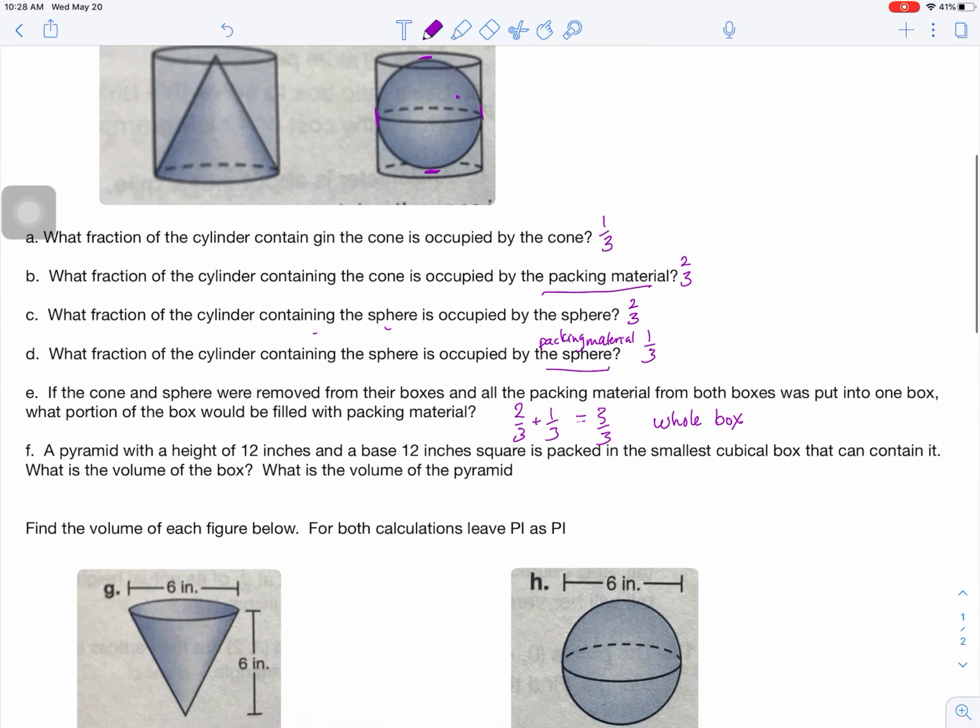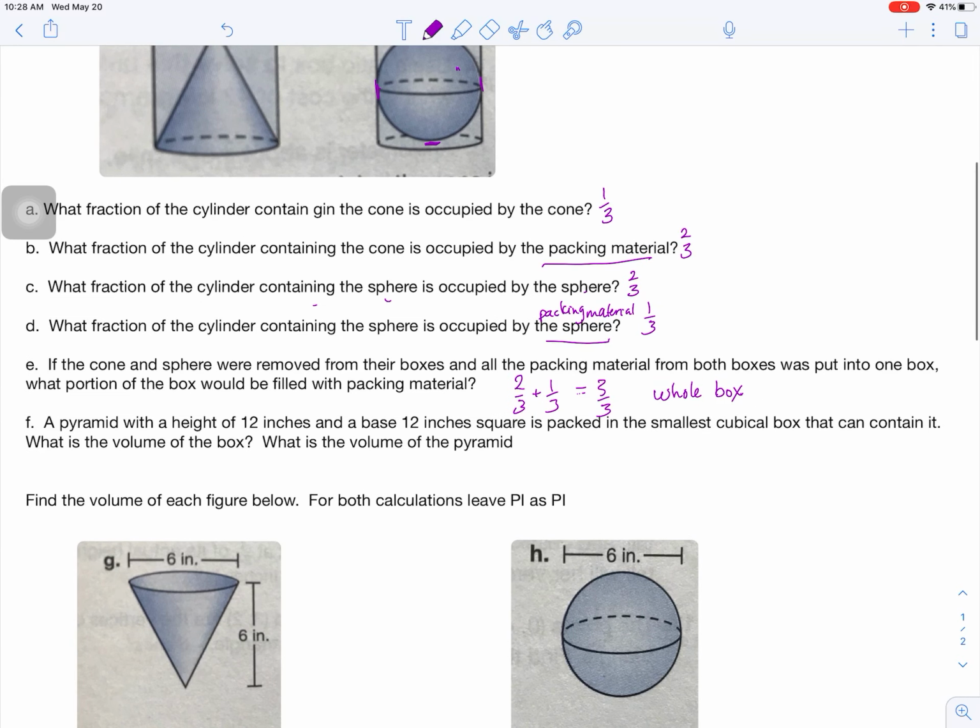A pyramid with a height of 12 inches and a base of 12 inches squared is packed in the smallest cubical box that can contain it. What is the volume of the box? What is the volume of the pyramid? So if we look at our box, it is 12 by 12 by 12.